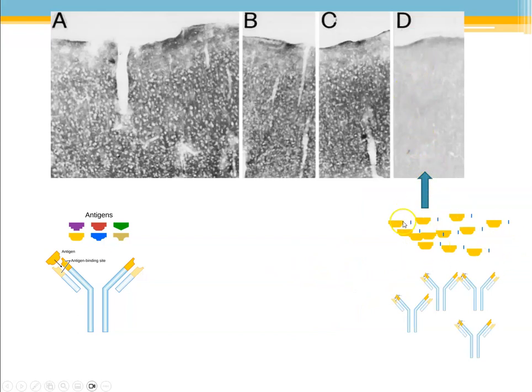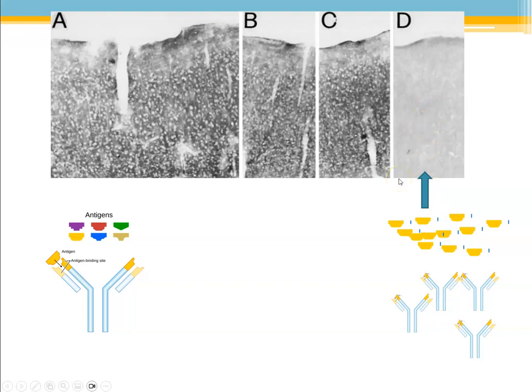So now we can tell that this antibody is very specific for GAT3, and GAT3 is what's giving us this stain. So this is our negative control, and here are some positive controls. So this antibody is specific for GAT3, and that's kind of interesting, right?